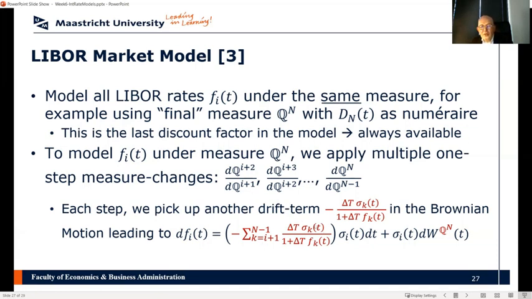And we see that the drift term is non-trivial because I have these 1 plus delta t F_k's. So the drift term of the i-th LIBOR rate depends on the value of all the other LIBOR rates beyond time point i.